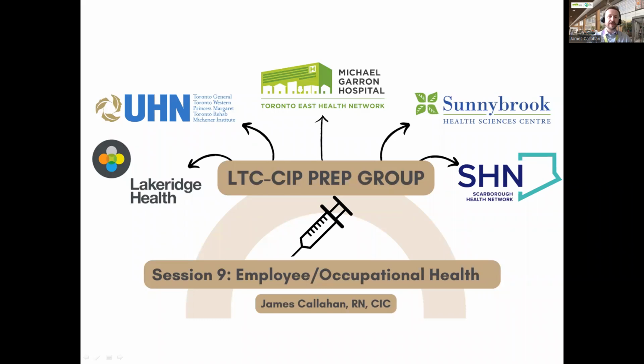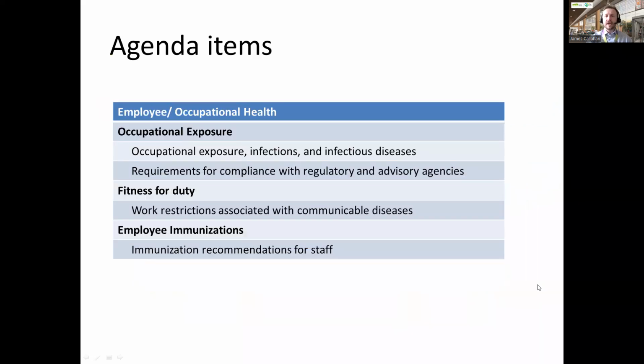All right, so here is the title page, and I'd like to welcome everyone to session 9 of the lecture series. And as has been the standard of all of our LTC CIP prep group sessions, our agenda today is as follows.